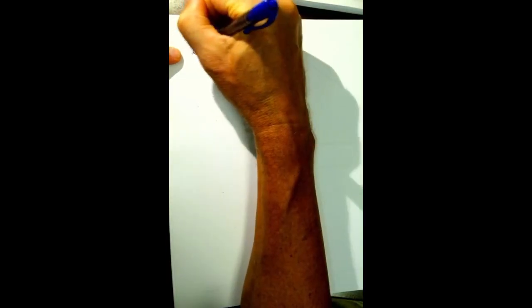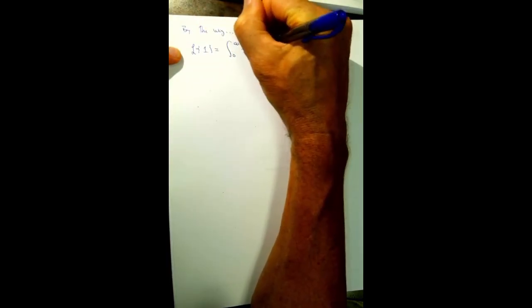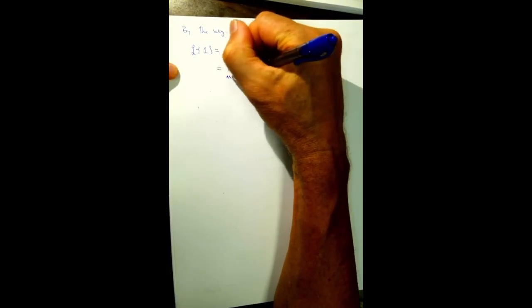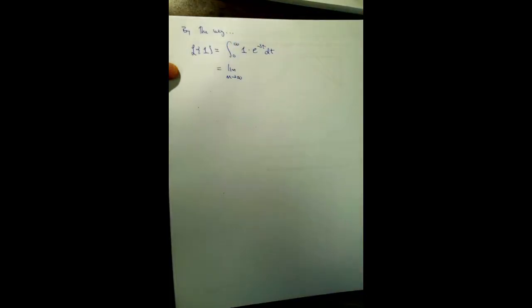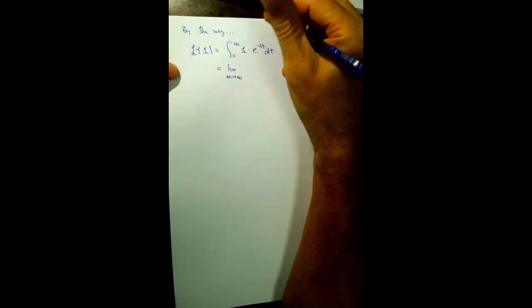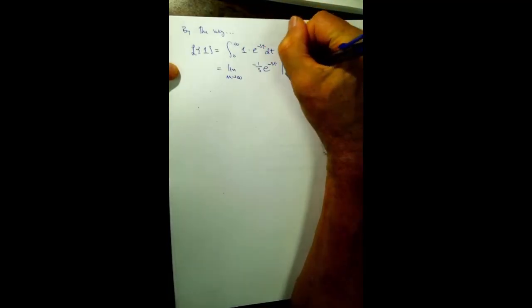So notice if I take the Laplace transform of 1, I just plug in f of t equals 1. This becomes, if I take the limit as m goes to infinity, the antiderivative of e to the minus st, which is minus 1 over s e to the minus st from 0 to m.